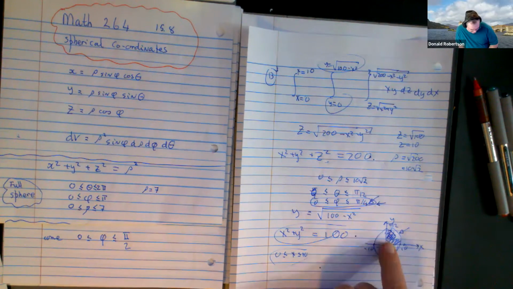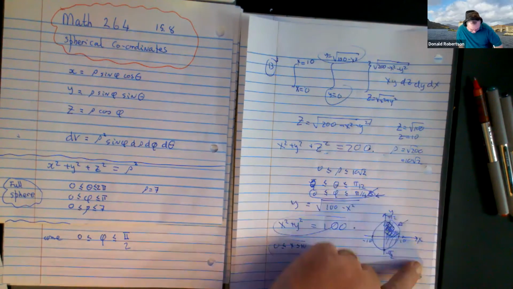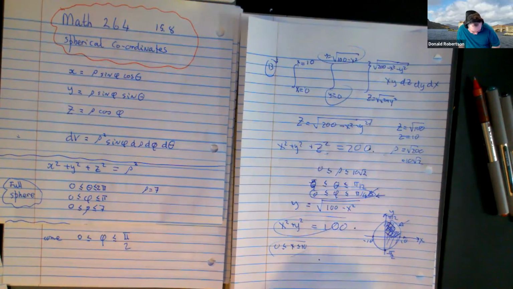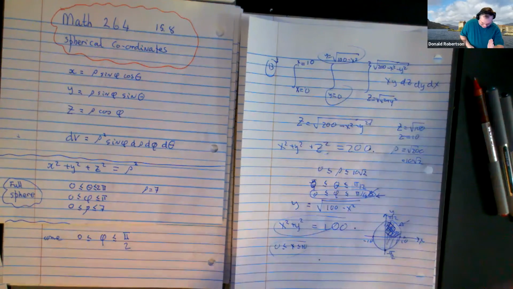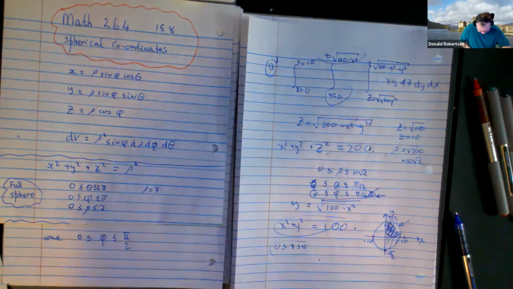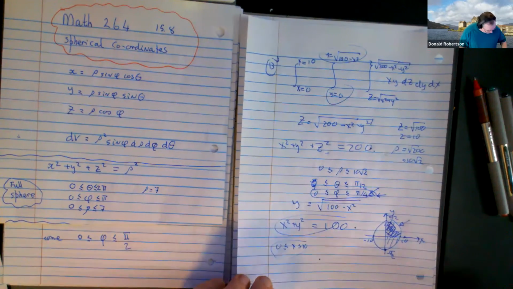And that little quarter is why I have 0 to pi upon 2, right? That makes sense now. And the phi, well, you're coming up and you're meeting up with this guy. And that's half of what the shape is. You're not going all the way down. Half of pi upon 2, pi upon 4. Yeah. In my brain, that makes sense. Cool.